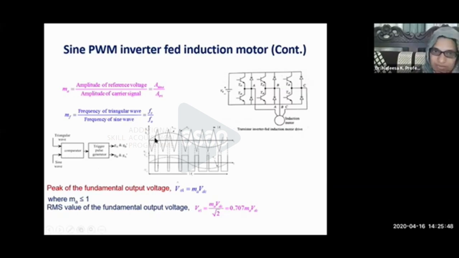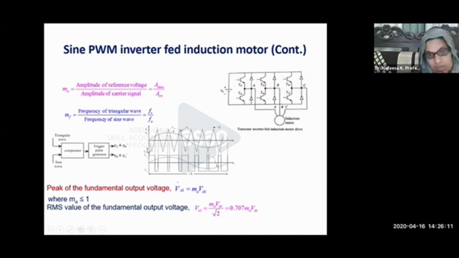In this interval, from this point to this point, the control wave is more than the triangular wave, which we can also call the carrier wave. The magnitude of the control wave or the reference wave is more than the triangular wave.